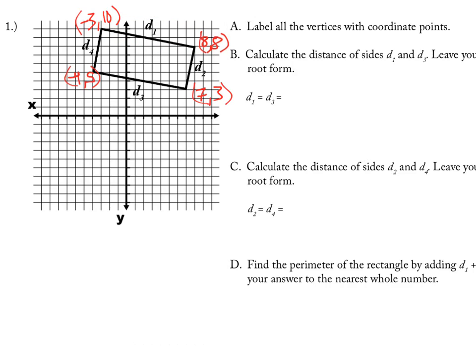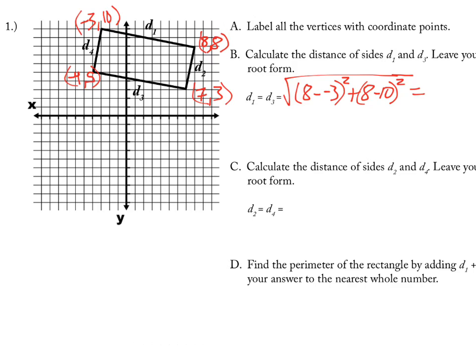I'm going to use 8, 8 as my x2, y2, and negative 3, 10 as my x1, y1. When I'm writing my formula, I need to do 8 minus negative 3, because that's x2 minus x1, and then 8 minus 10, that's y2 minus y1.